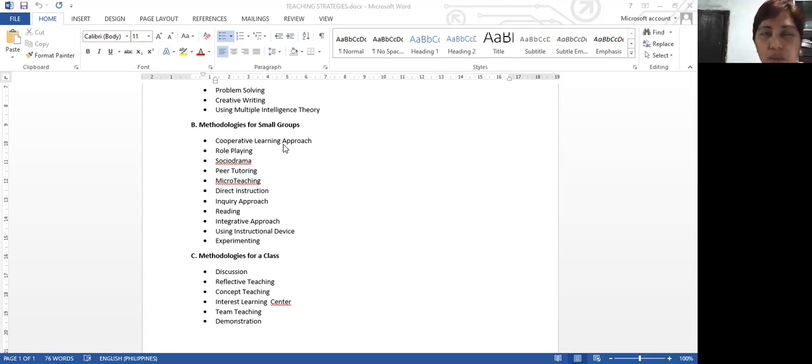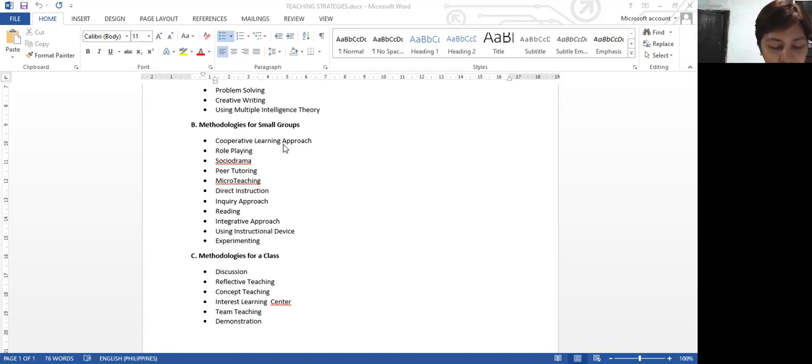Okay, so that is the zone of proximal development. So this learner that has not yet acquired the needed skill will be guided by the one that was able to acquire the skill already.